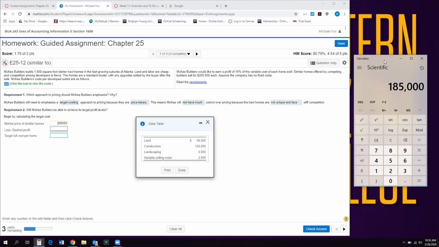So $185,000 is the cost times 16%. Our desired profit is $29,600. So our target full cost is $205,000 minus $29,600, $175,400.